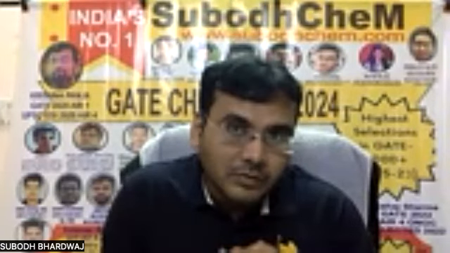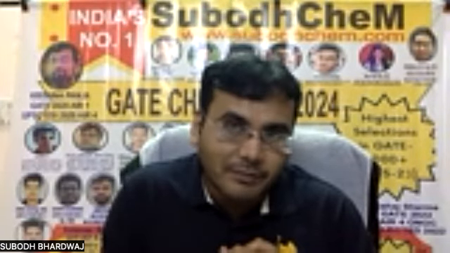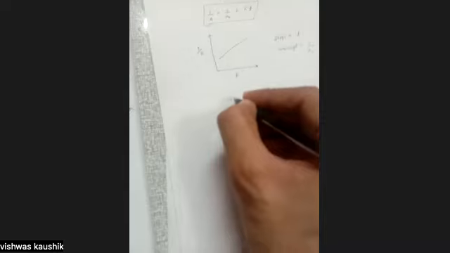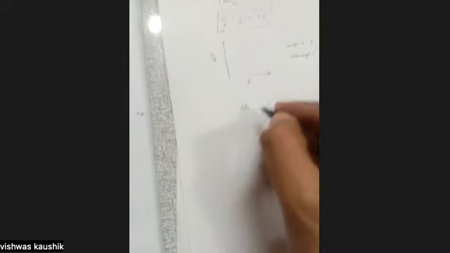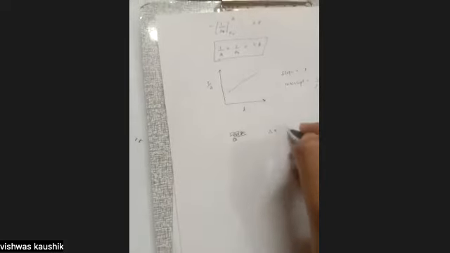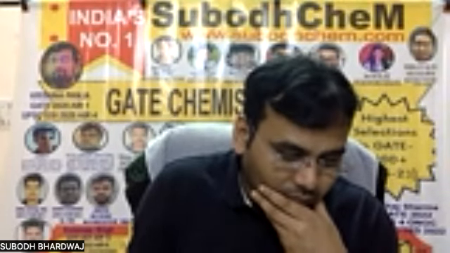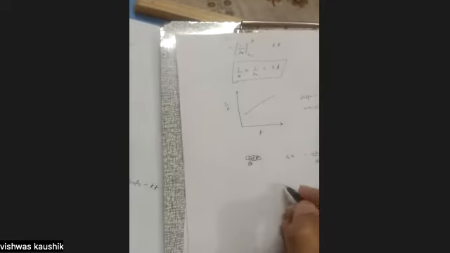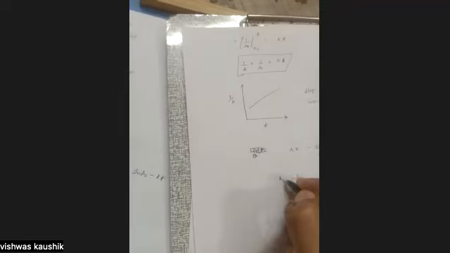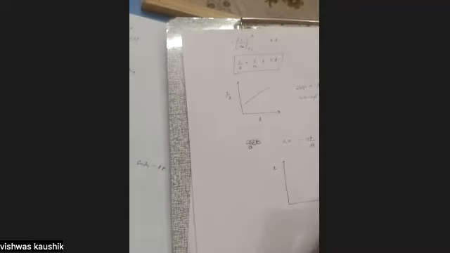For rate versus time, concentration versus time, rate is equal to minus dA upon dt equals k A square.